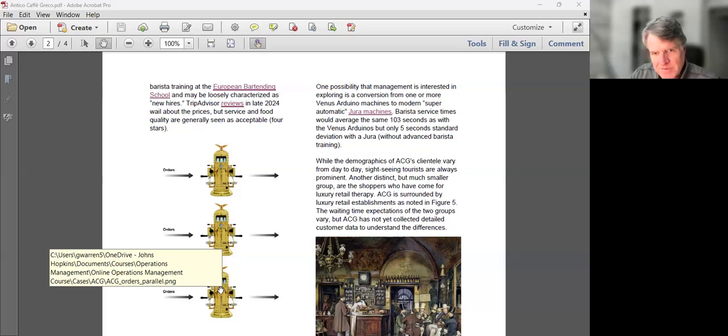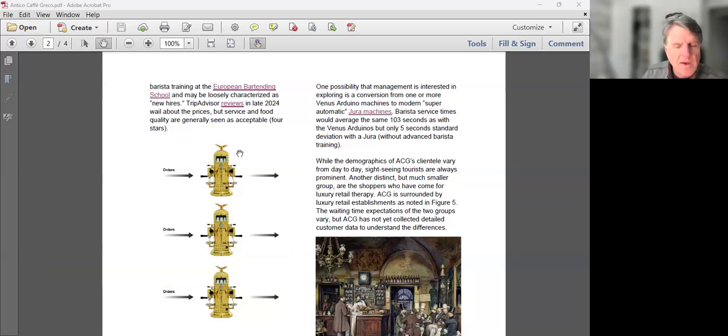I think most folks are going to agree that that's a useful measure and something that really matters to customers. So the time in system is going to be composed of two things: the actual time to make their order, as well as the waiting time before the order starts. So that together is the time in system. If you're only interested in the time in the queue, then we can figure that as well. You'll see that in the calculator.